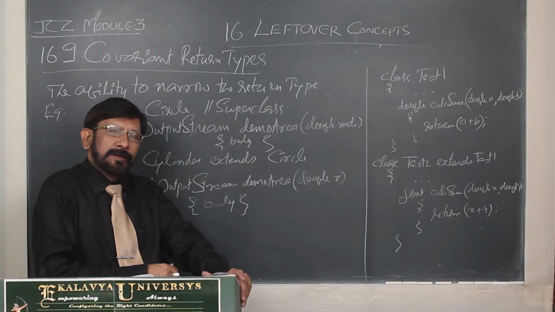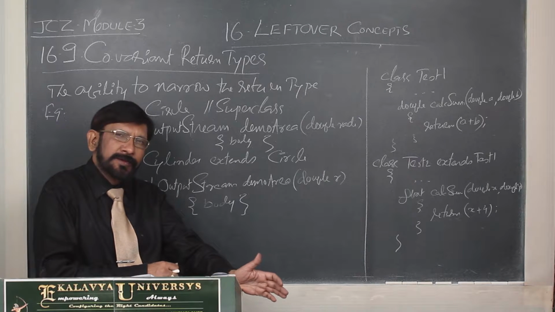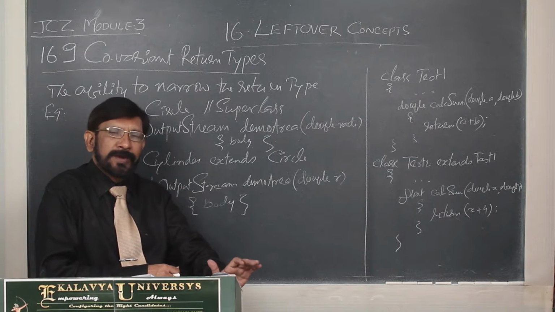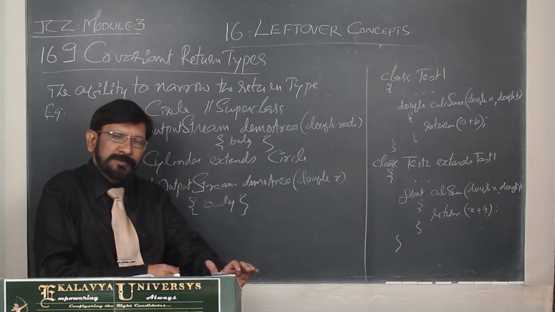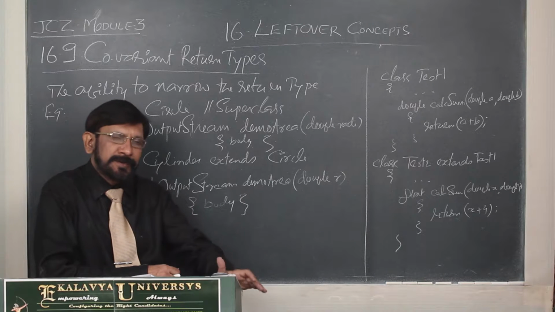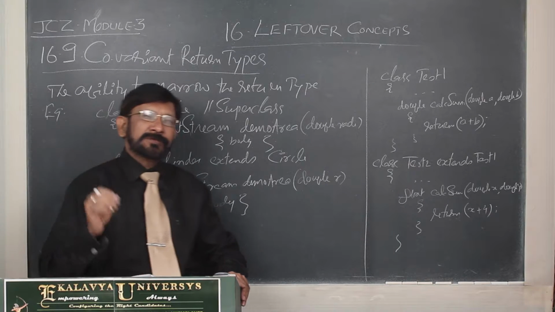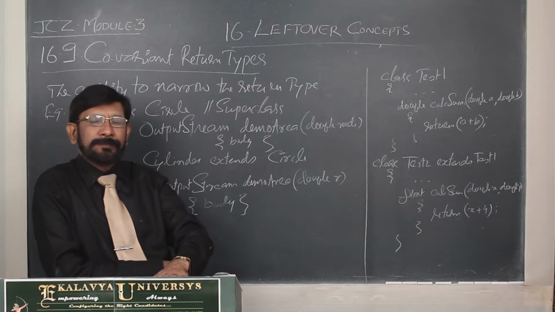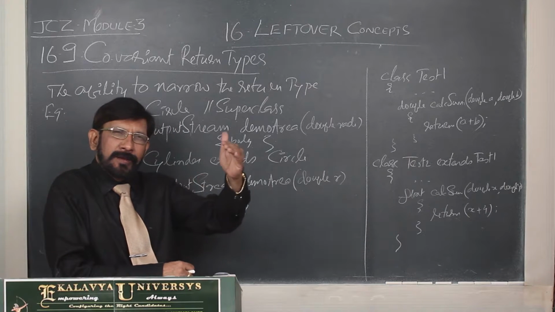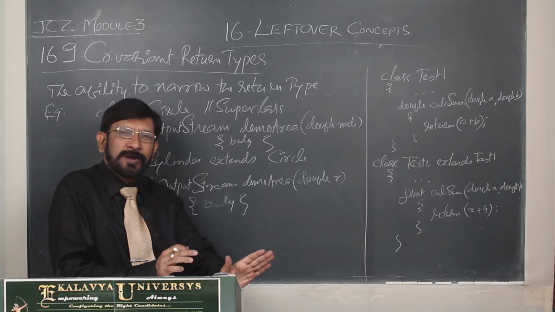But in the subclass, its functionality may need to be modified. Modified means it may be extended or it may be changed. In such a case, the subclass must override the method which is inherited from the superclass.